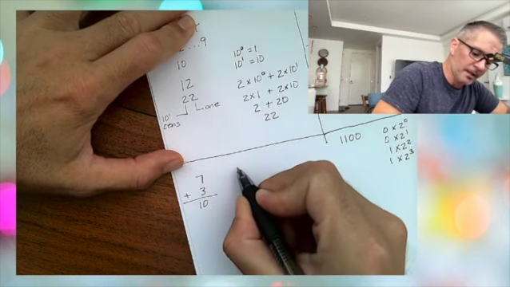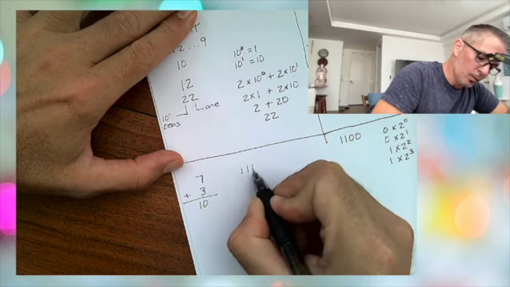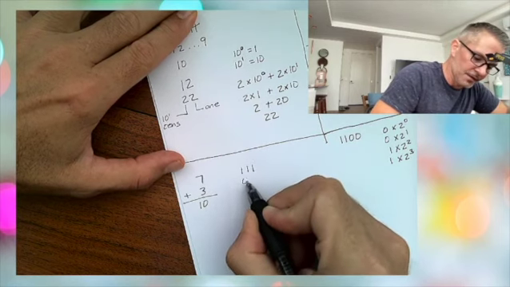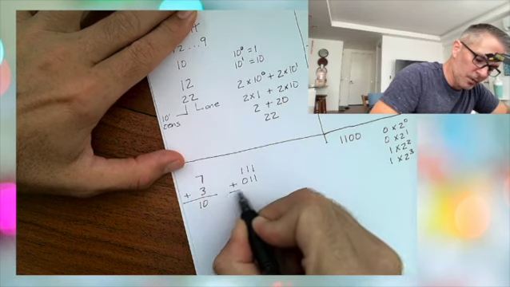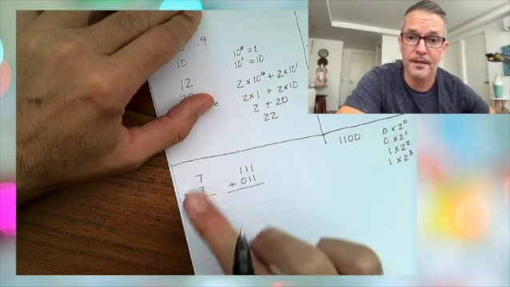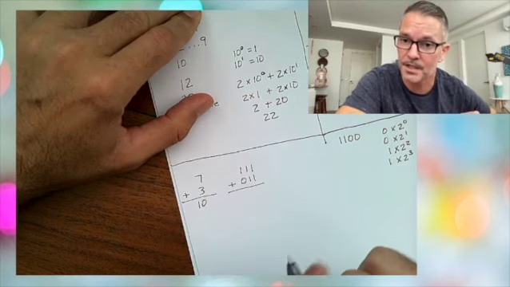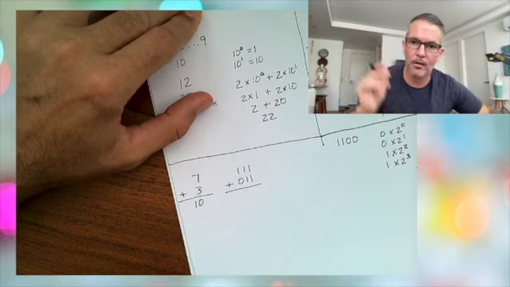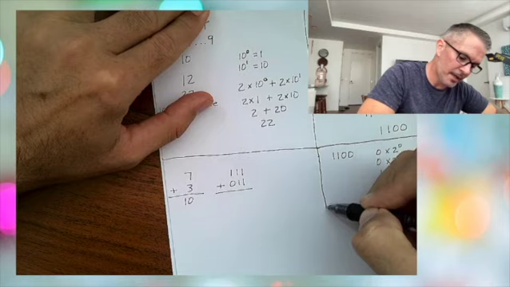I'm just going to tell you that the number 7 is 1, 1, 1, and the number 3 is 0, 1, 1. It would be a great exercise if you want to pause the video right now and run through the divide by 2 technique and prove to yourself that's true. It's true. Now, let's take these two numbers, and I'm going to teach you how to add them.